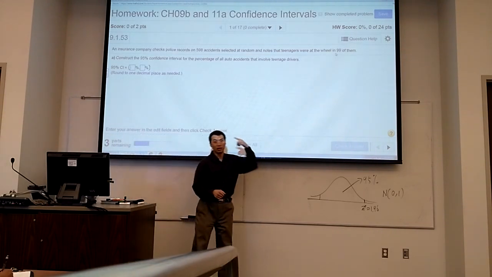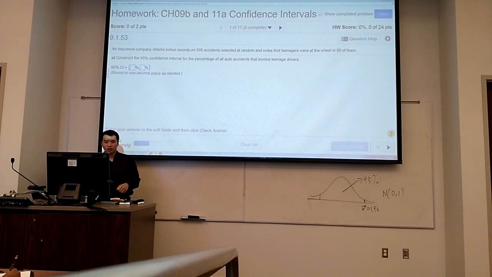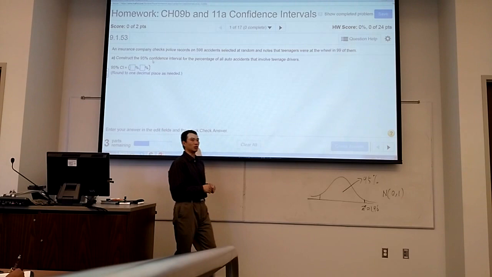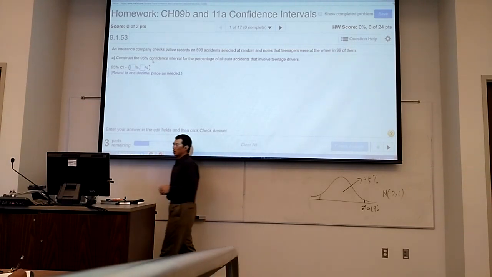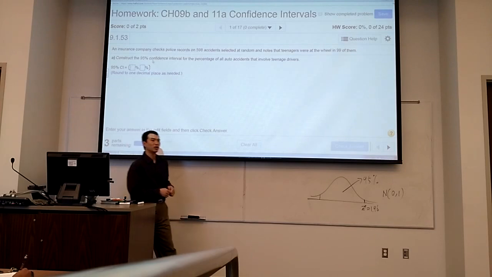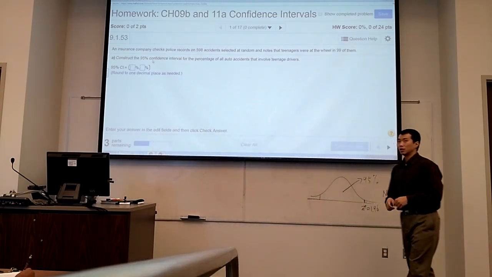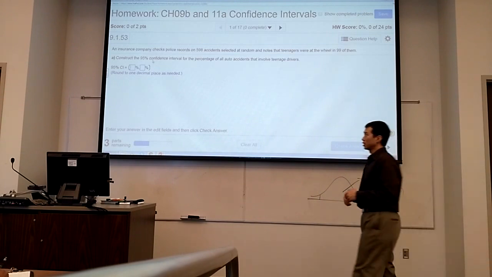That's the information provided to us, and we need to construct a 95% confidence interval for the percentage of all car accidents that involve teenage drivers.